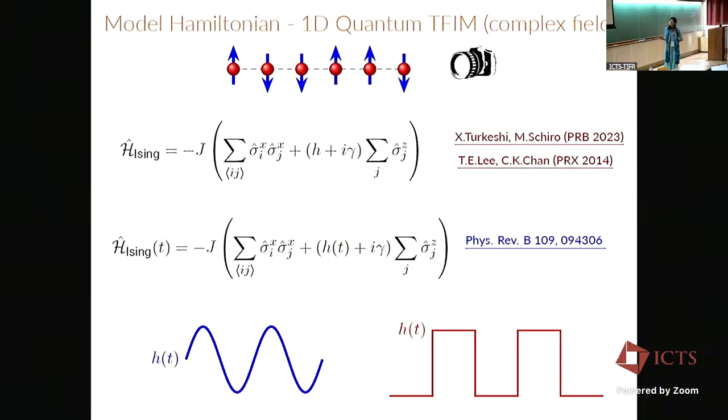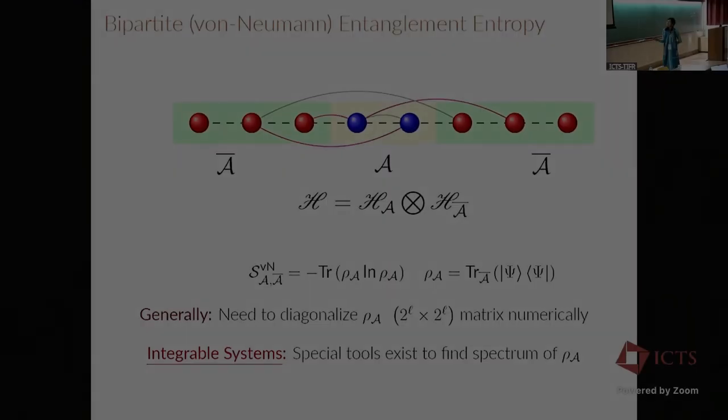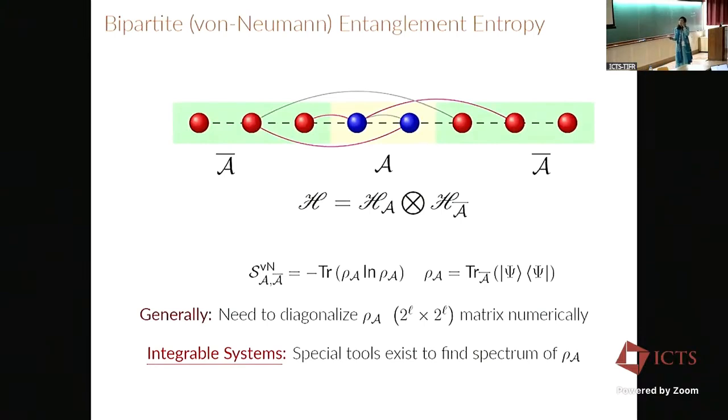Here we will consider mainly a continuous drive protocol and a square pulse drive protocol, and we will see that the entanglement scaling properties are qualitatively the same for both of these protocols, only the quantitative details like transition points shift.